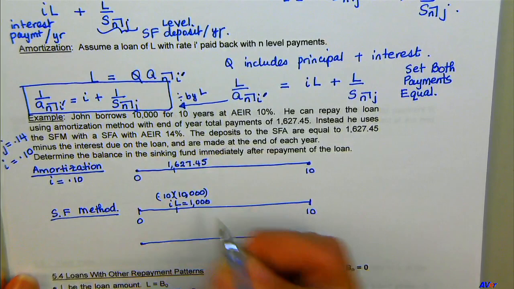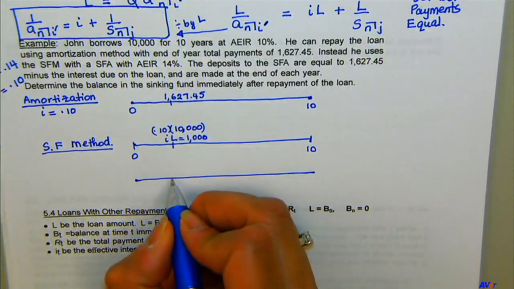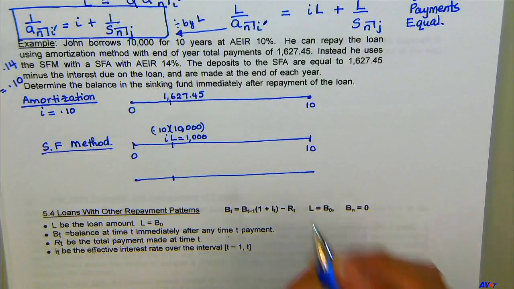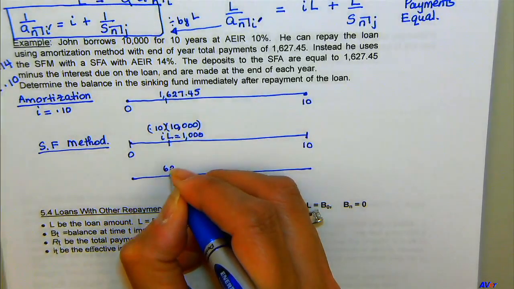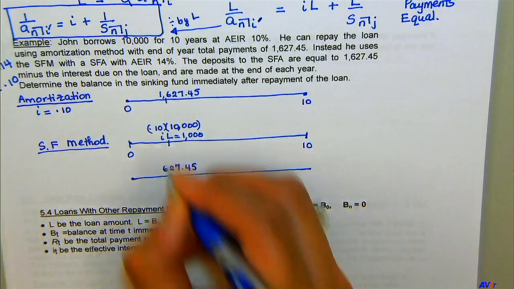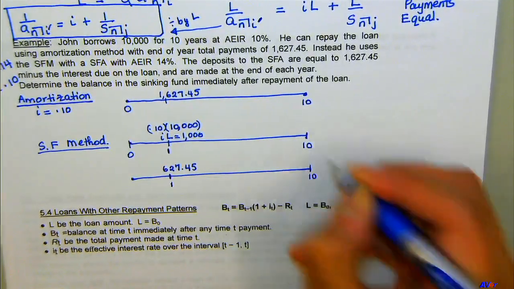I can put 1,000 into the IL account, meaning paying back the interest, and the rest has to go into the sinking fund account. So the total amortization payment was 1627.45; after I finish paying IL, only 627.45 will go into the sinking fund every year for 10 years.